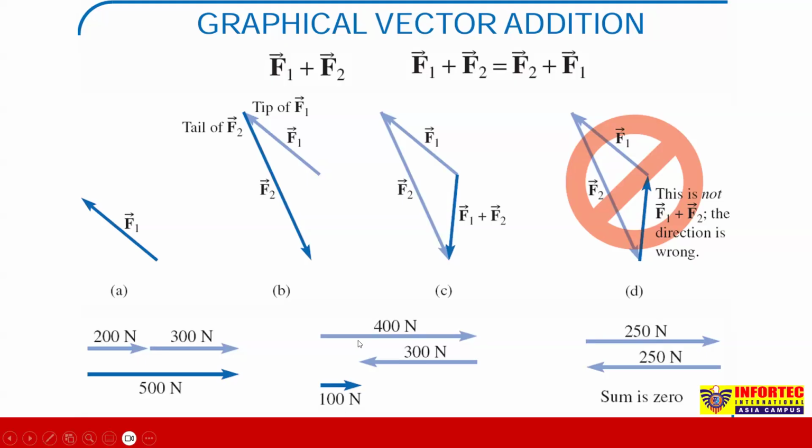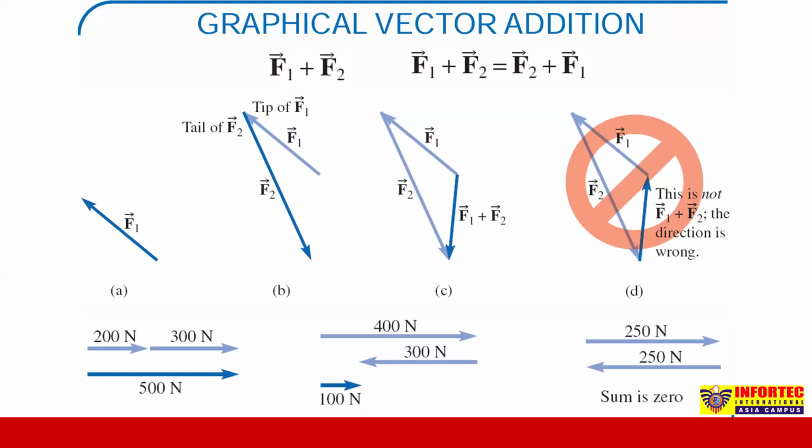The direction follows the larger value, which is 400. So the 100 Newton is directed parallel to the 400 Newton direction. It is the bigger value, right? And in the last one you can see 250 Newton on the left hand side and also 250 Newton on the right hand side.